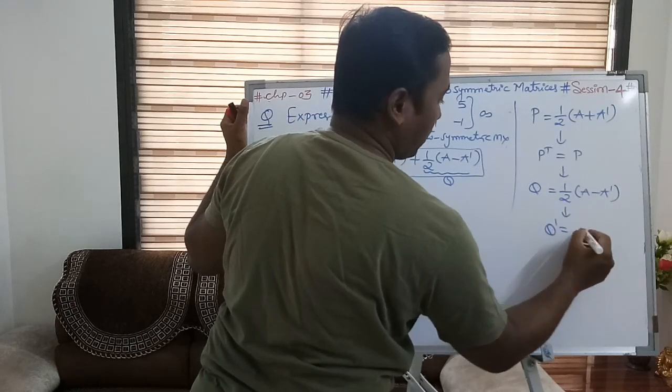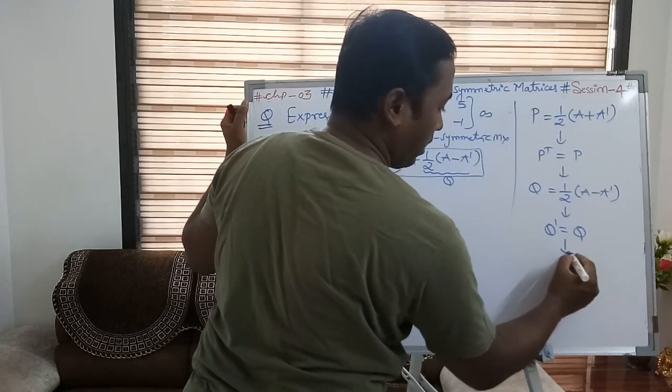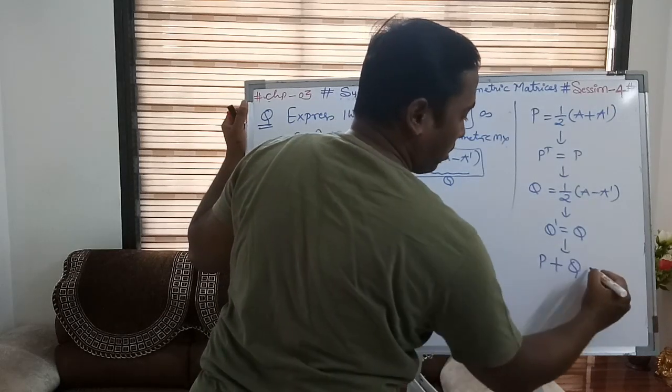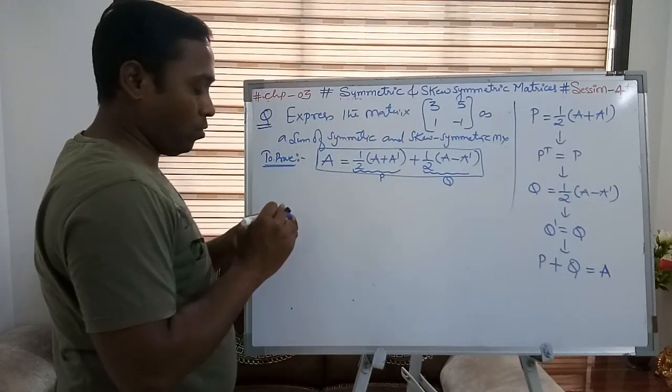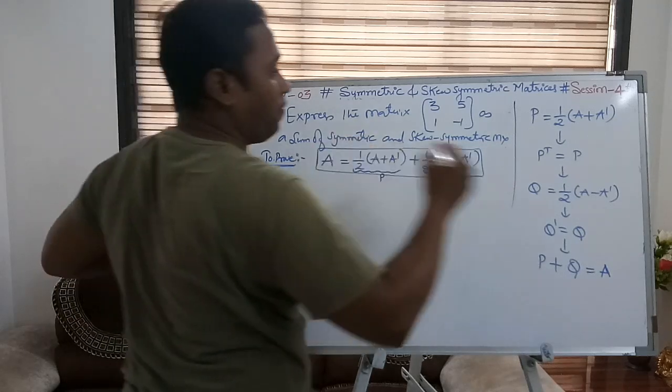Then I will prove Q dash is equal to Q. After proving this, I will take the sum P plus Q and prove this sum is equal to A. So these are the 5 steps we need to follow.